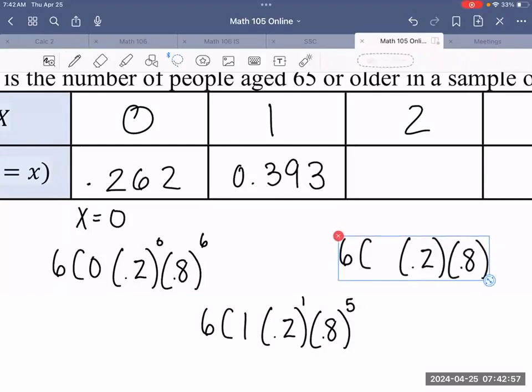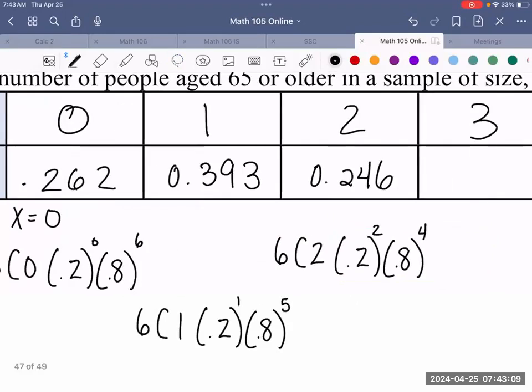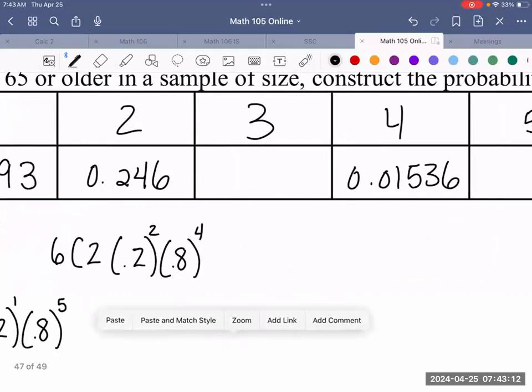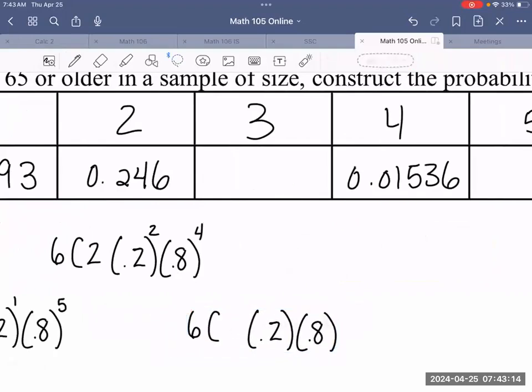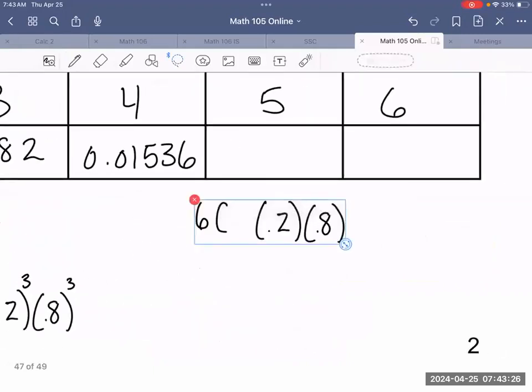We're going to keep going. Now the number of successes is 2. Going to flip-flop. 0.246. And now I'm just going to write as we go, because it gets very repetitive as you're seeing. 3 and 3. We already did 4.